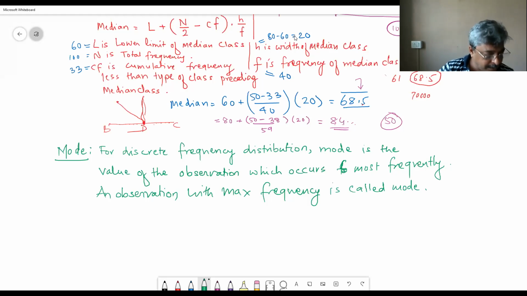It is possible that more than one value may have the same maximum frequency. In that case, the data is said to be multimodal.